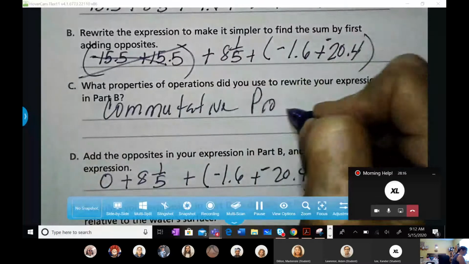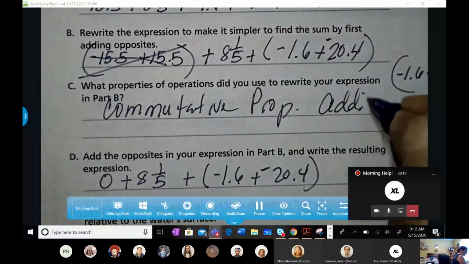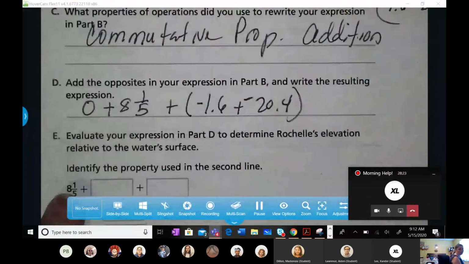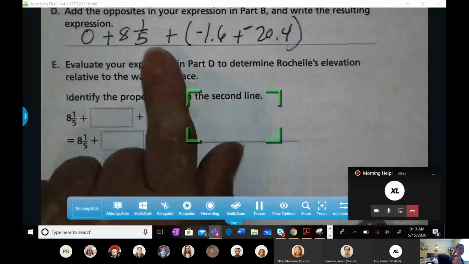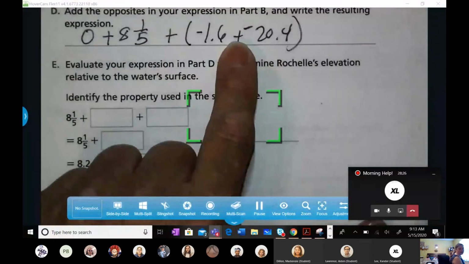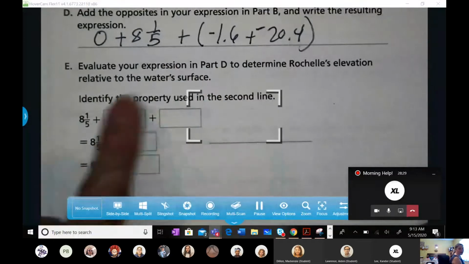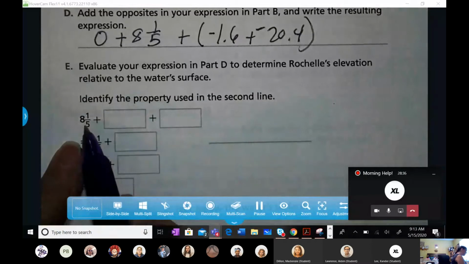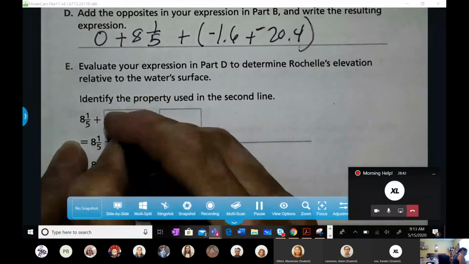And that would be, since we're still dealing with addition, it's addition. Okay. All right, so now back to re-adding. As you can see, they rearranged again, right? So 8 and 1/5, they moved here. We know that 0, so we're just going to delete that.